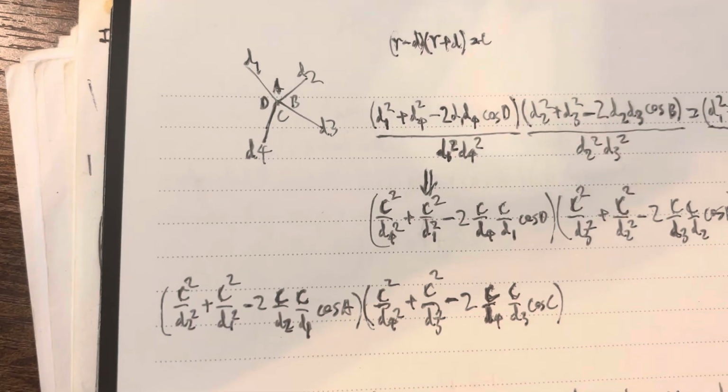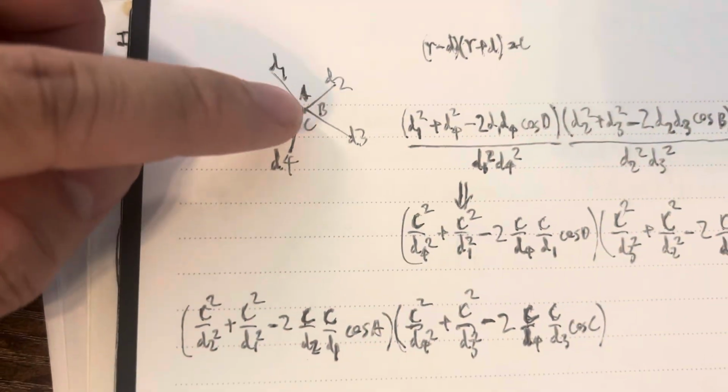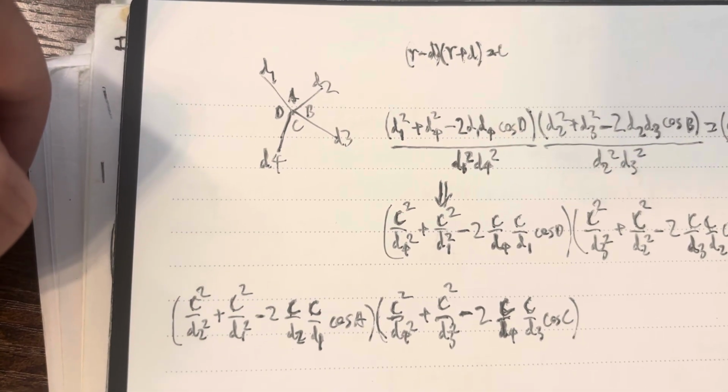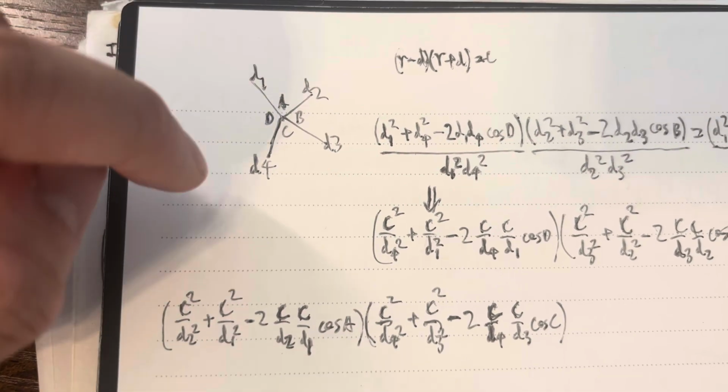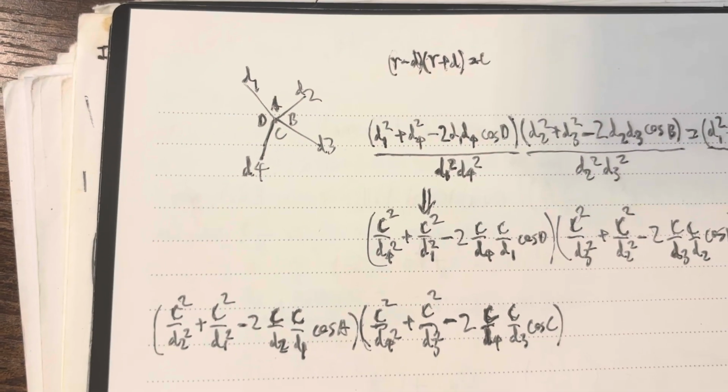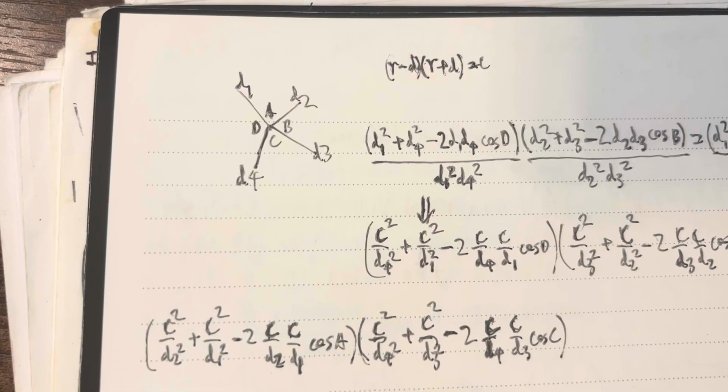So here I've just written down a diagram. So imagine that in the center of this is your point P, and imagine that D1, D2, D3, D4 are the distances from P to the vertices of the square.